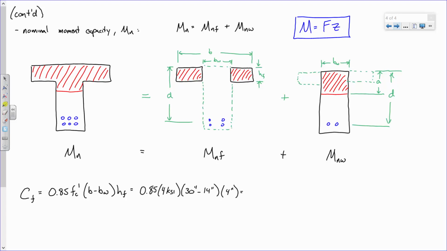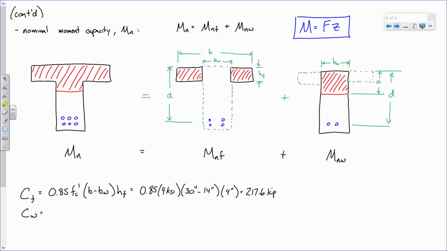So what is that? 272.6. What about C sub W? How would we do that? W times A, times 0.85 times FC prime.